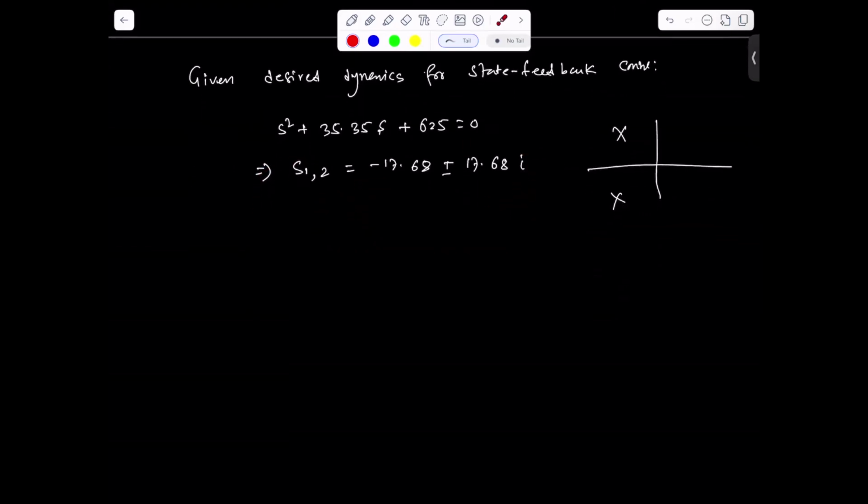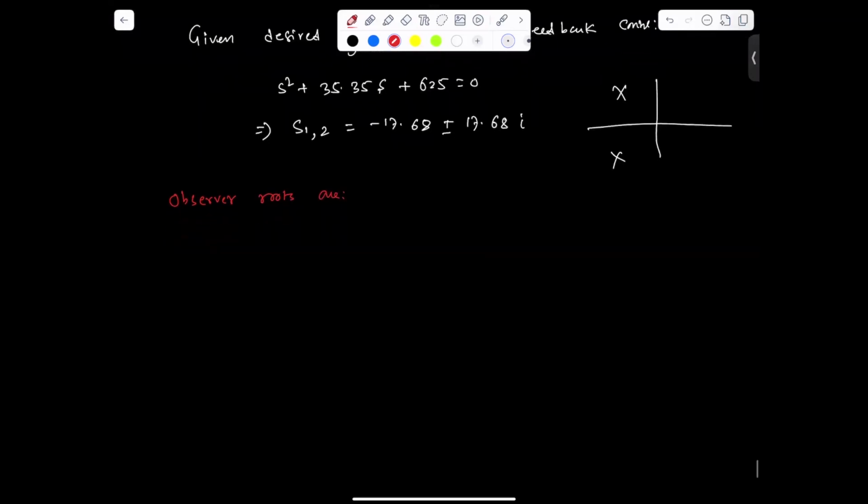So we can find the observer roots 1 and 2: observer roots equal to 4 times minus 17.68 plus minus 17.68i.